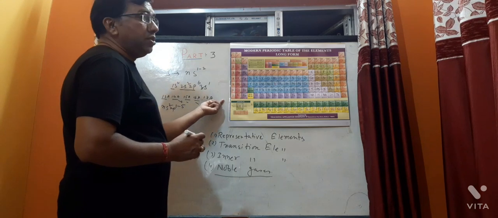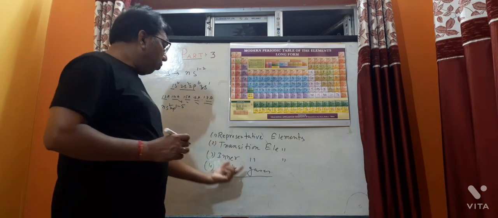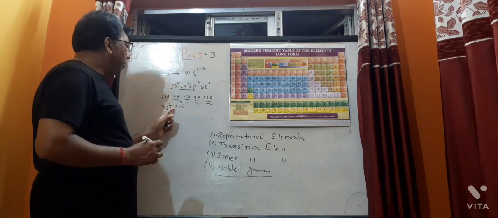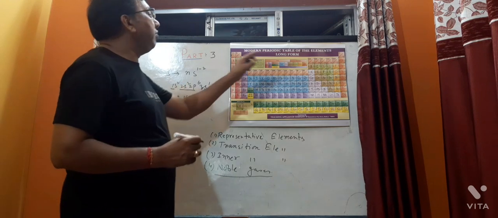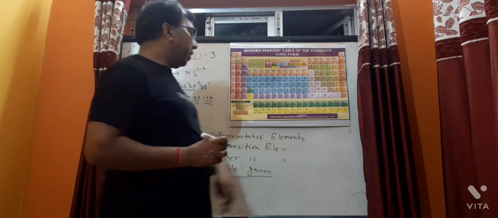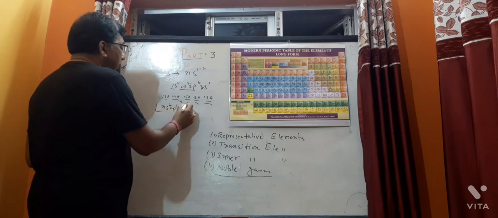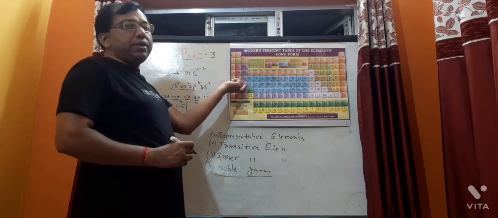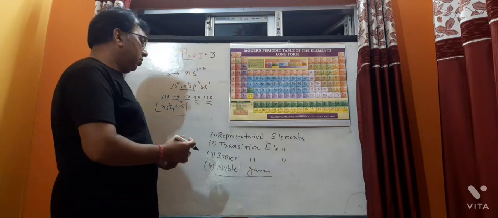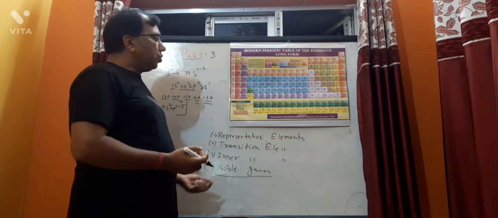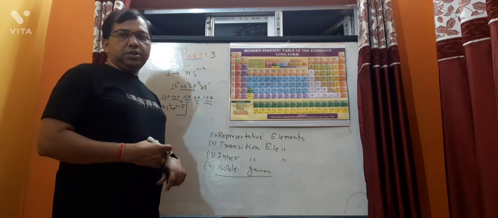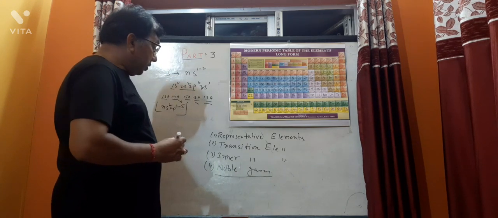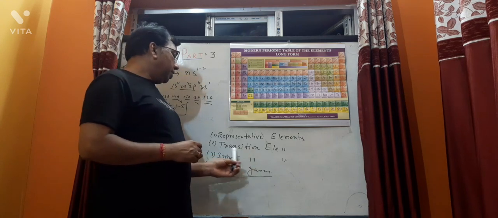It will not be np6, because group 18 is the noble gases. So the outermost electrons are ns2 np1 to np5. These two, s block elements and p block elements, together are called the representative elements and also typical elements. Then come the inner transition and transition elements.